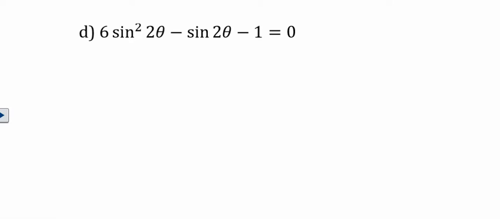It combines a few things that we've done. Yeah. So it's got the 2 theta in there that we've been doing today, but what else does it have? It's got the quadratic. It's got the sine squared.